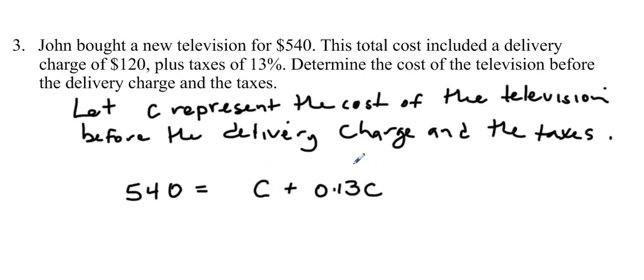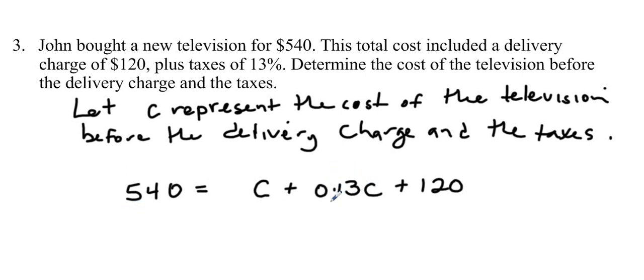This is the 13%. And then what happened after that was there was a delivery charge added on to that amount of $120. Does that make sense? So whatever it cost plus 13% of whatever it cost plus $120 is going to equal my $540.